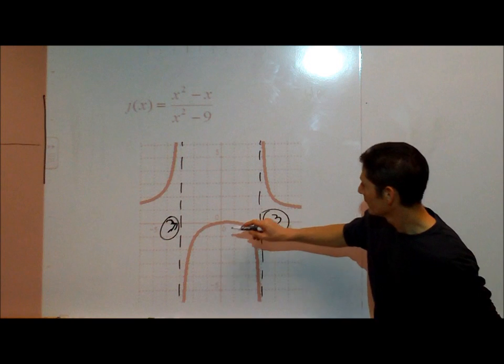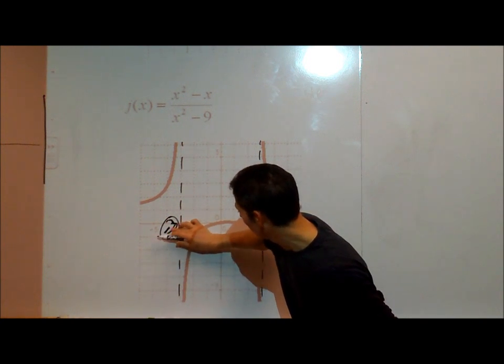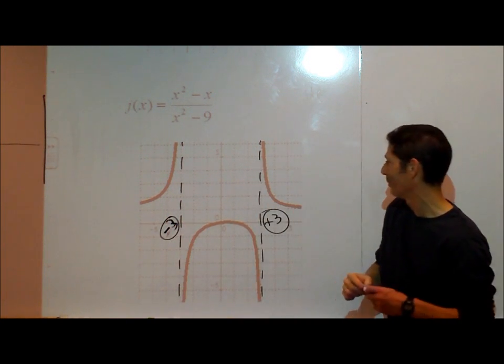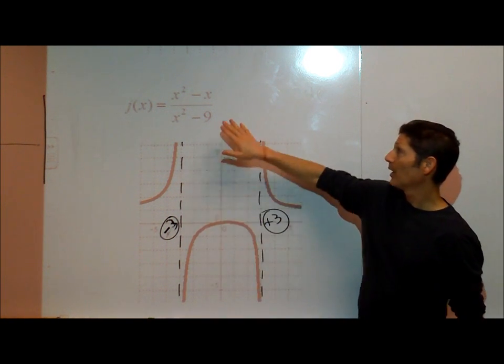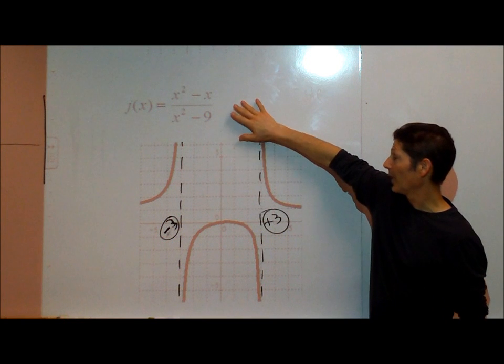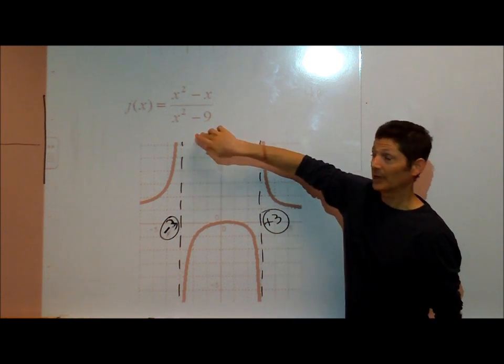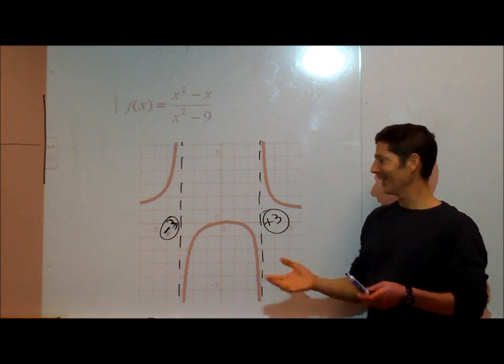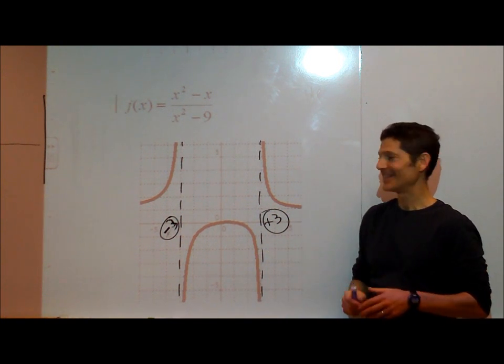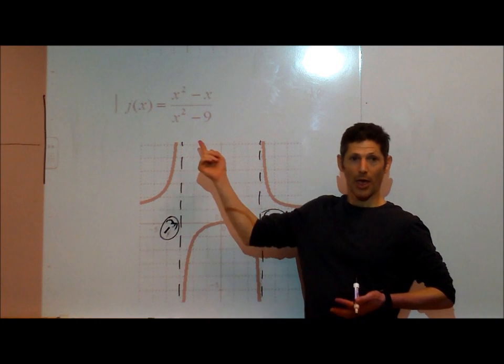A little bit messy there. -3 and +3, a little bit of a mess. So how can I tell, here's the function here, how can I tell from looking at the function that I have two discontinuities and that they're infinite? Any ideas here? That you can make them undefined.